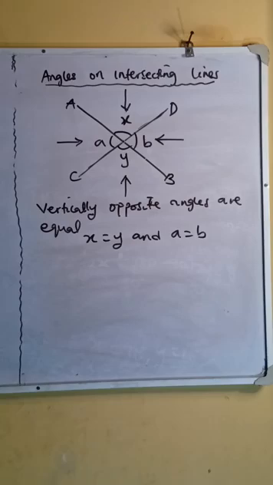Like this one question, if you are given any of the angles and asked to find others, it does not mean that you must use this particular theorem, vertically opposite angles are equal. No, you have to look at the question: which theorem will solve it first? Or after I might have applied this one, which theorem can work next? So you look for what works, not what you think should work. All right.